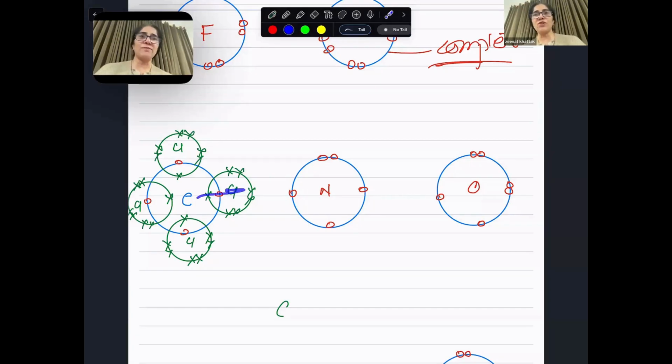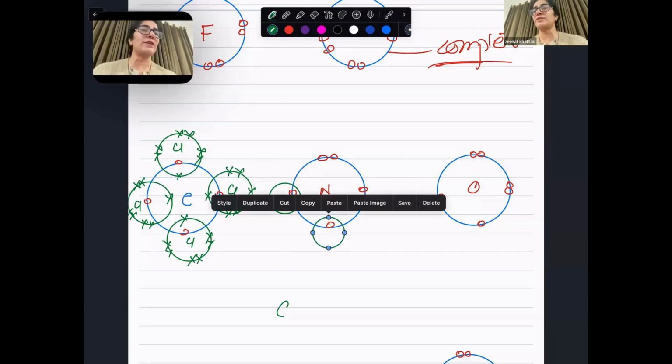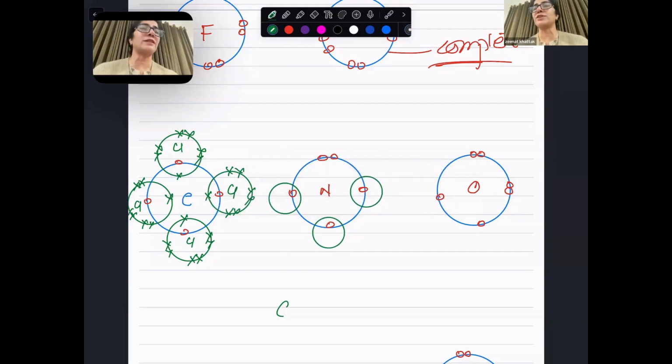So is this mutual sharing of electrons? Yes. Mutual sharing. How many chlorine are needed for nitrogen? Definitely 3. NCl3. Each chlorine has 7 electrons. And for oxygen, how many chlorine? 2.